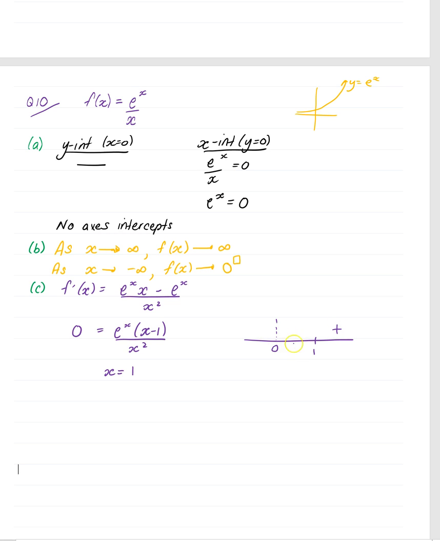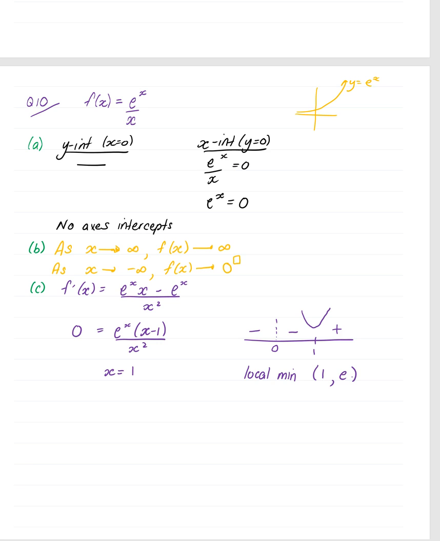Pick a number in between 0 and 1: positive, positive, but a half take 1 is negative. And a negative number would also be negative. So the upshot is that it's decreasing and then increasing here, so we have a local minimum. When x is 1, to get our y value, we'll put 1 back in here. e to the 1 divided by 1 is just e to the 1, which is also known as e.